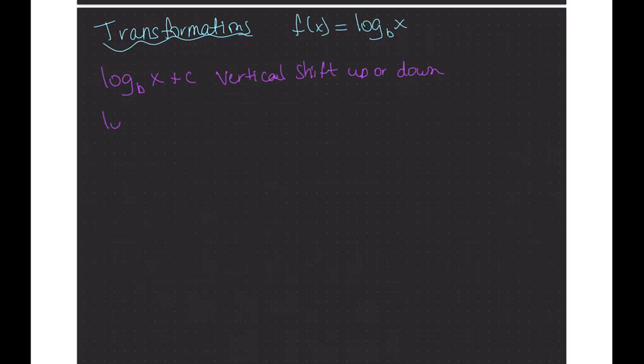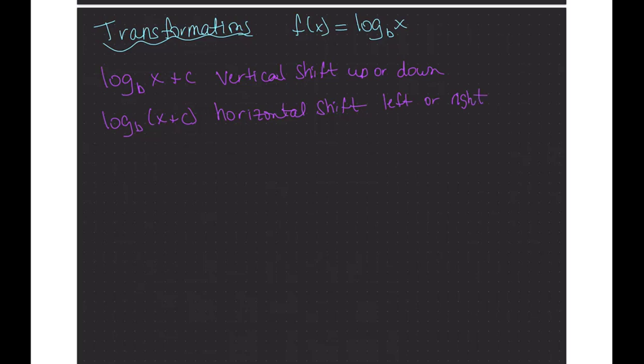If I have my log base b, but I have a c with the x and I'm adding or subtracting that c, it's going to be a horizontal shift. So horizontal would be either left or right for that value of c.